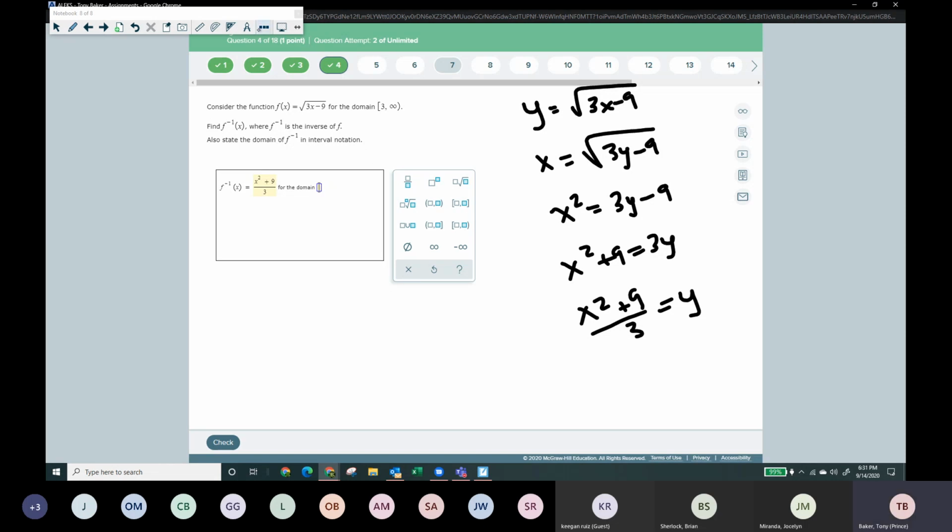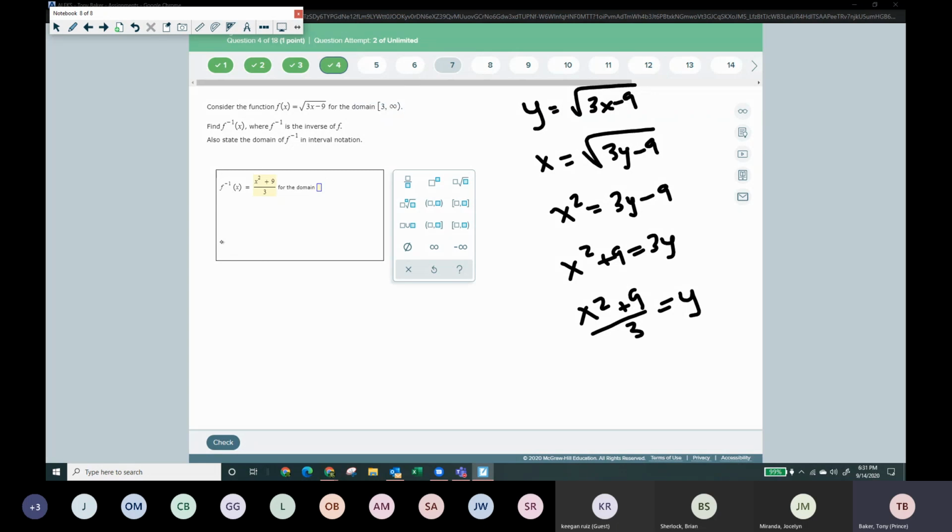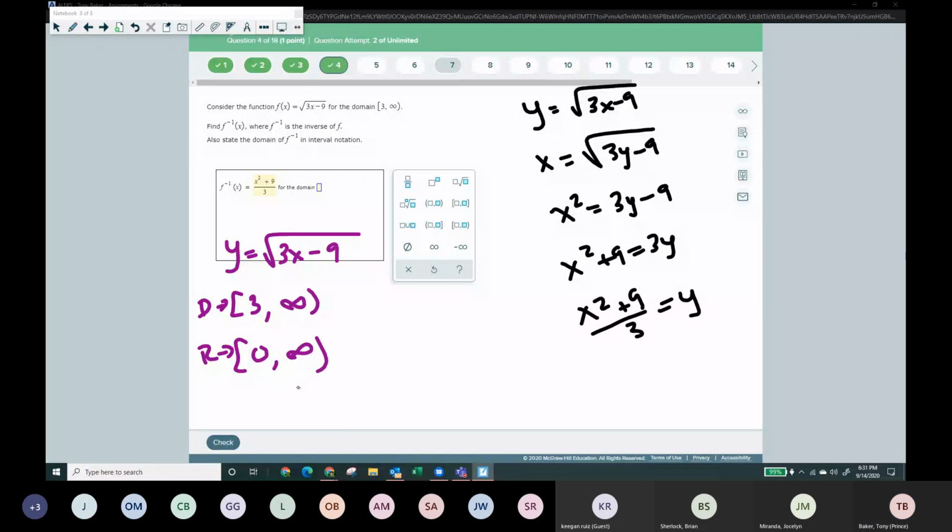So we have to figure out the range of my original function. So I have y equals the square root of 3x minus 9. This is my domain, and that's my range. If I plug in 3, I'm going to get 0. If I plug in infinity, I'm going to get infinity.